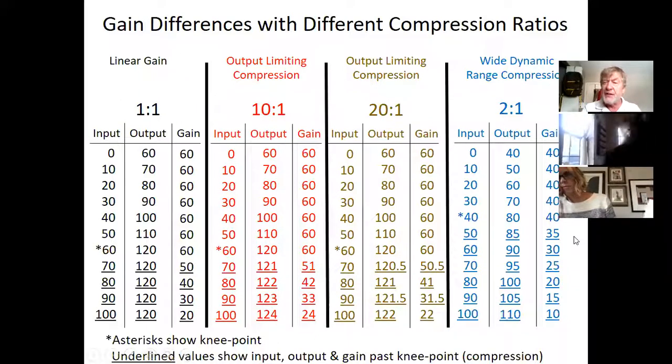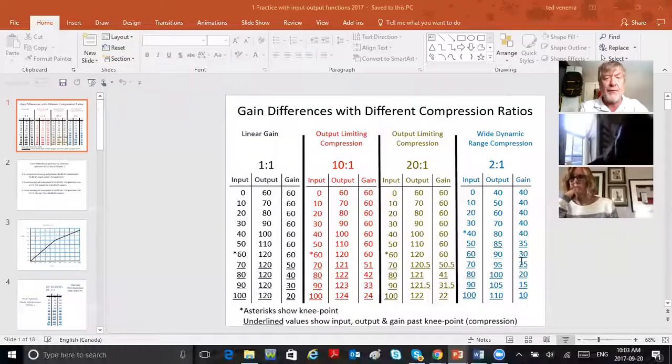So you can see that the maximum gain took place below the knee point, and then there was a gradual reduction of gain, 35 to 30 to 25 to 20 to 15 to 10. As my inputs kept going up, my outputs only increased by half. So the focus of this is not on limiting the maximum power output. The focus of this hearing aid is not, repeat, not the ceiling.